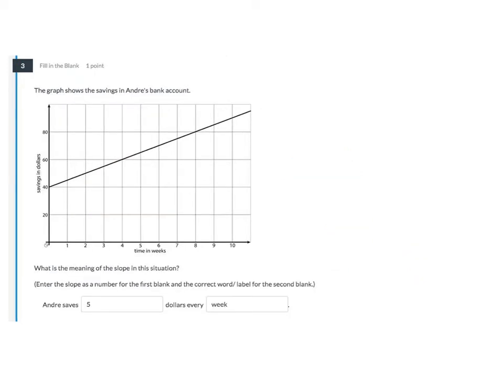Here is number 3. The graph shows the savings of Andre's bank account. What is the meaning of the slope in this situation? So remember, this comes from the stuff that's before. We have 5 over 1. Again, it's our vertical over our horizontal. So how is our vertical labeled? Well, that's 5, and then it is dollars.